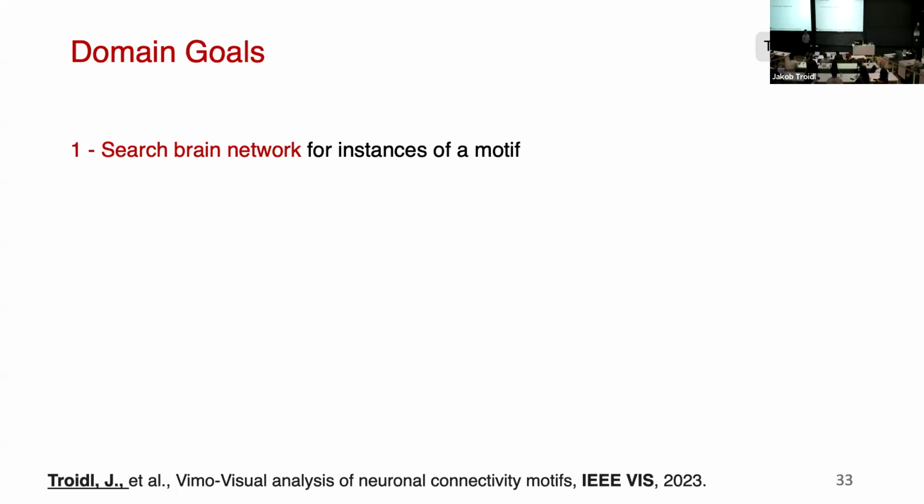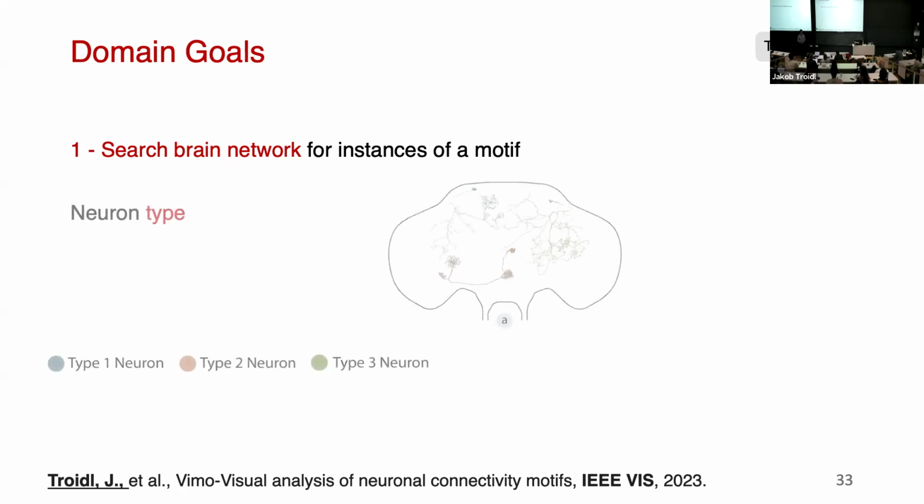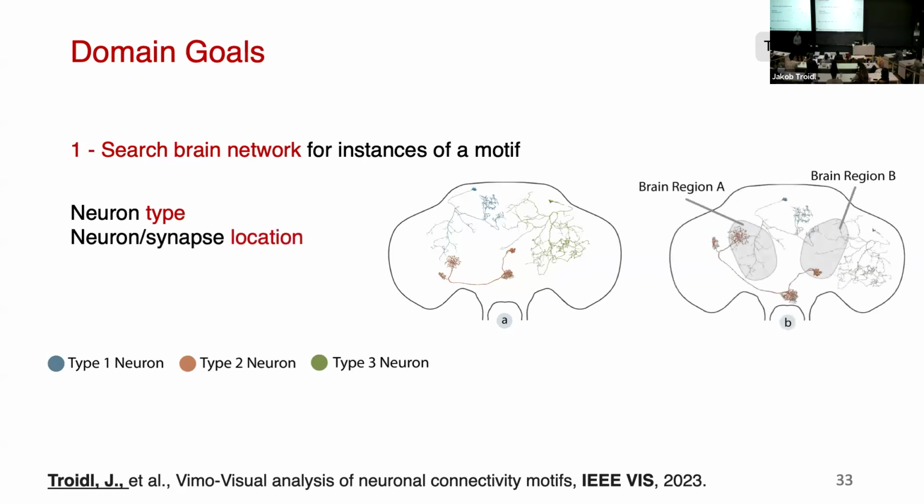So the first goal that we found was to search for particular instances of a motif in a brain network. And when doing that, it's particularly important that in addition to just defining the circuit architecture, we also want to define what sorts of neuron types are involved in that particular motif, where the synaptic connections are happening.